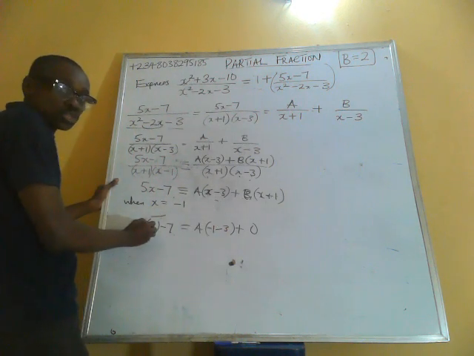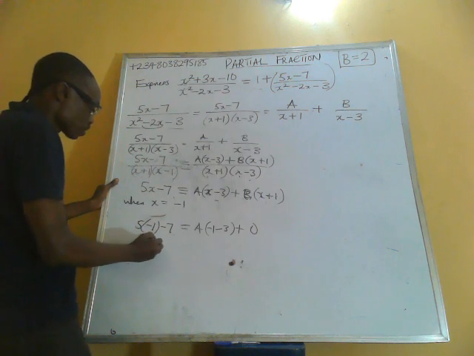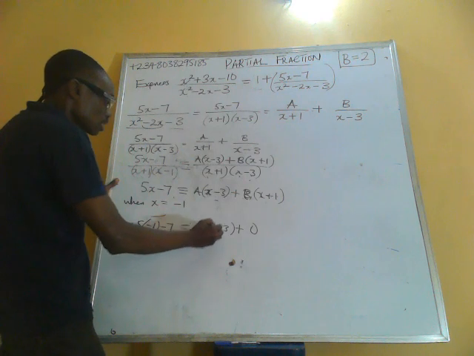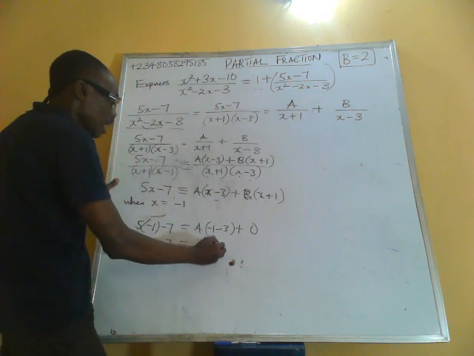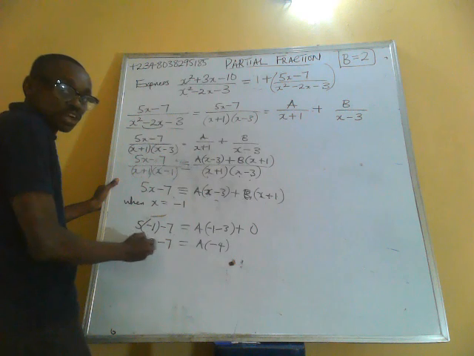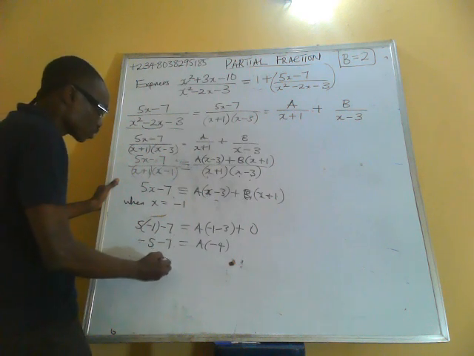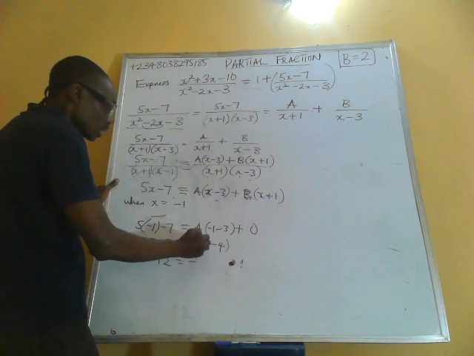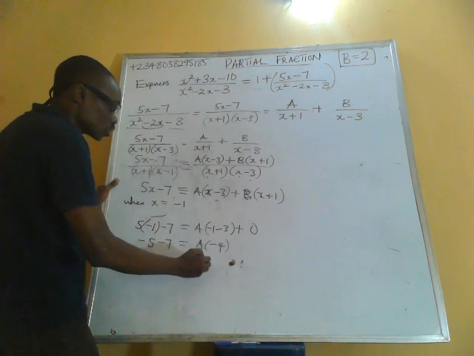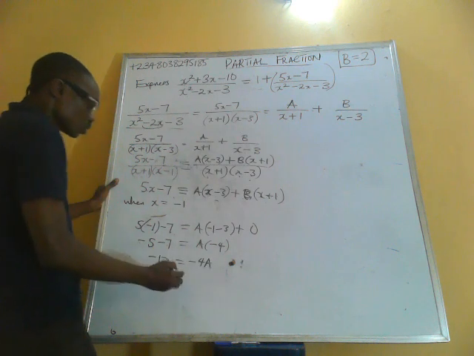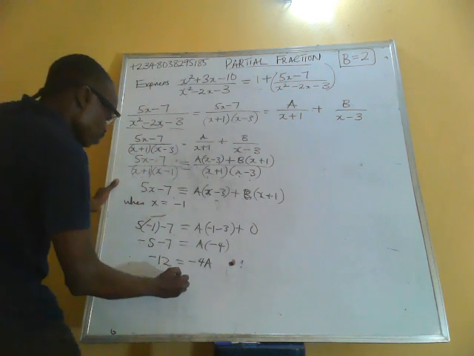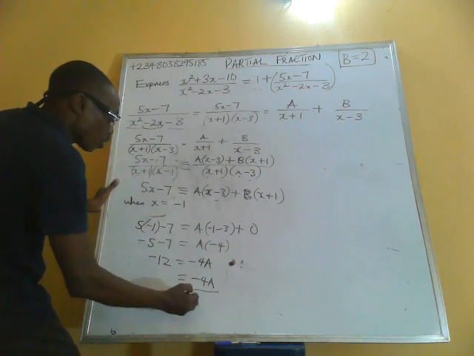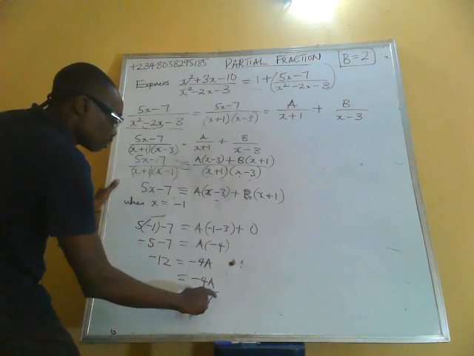Then 5 times -1 is what? -5 minus 7 equals to a, -1 minus 3, this is -4. -5 minus 7, this is -12, equals to -4a. So at the end of the day, solve for a by dividing both sides by -4.